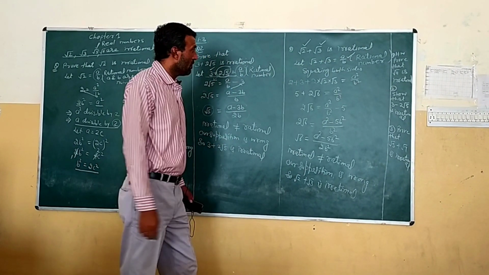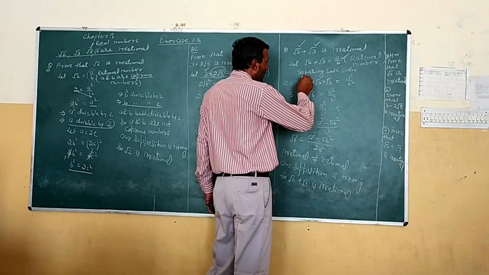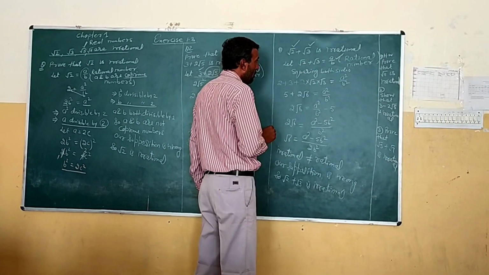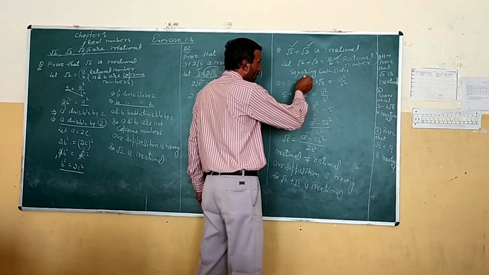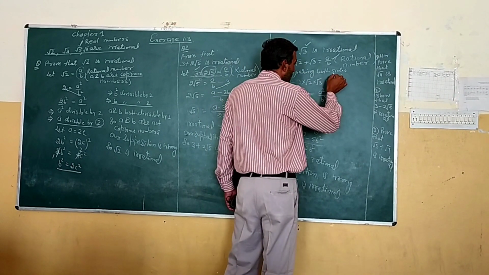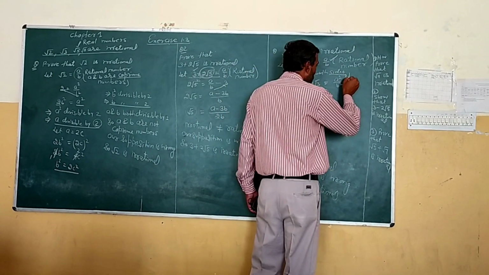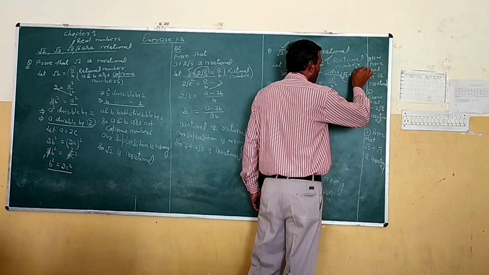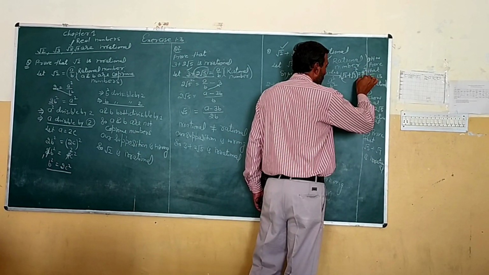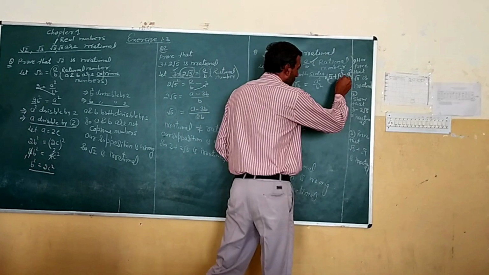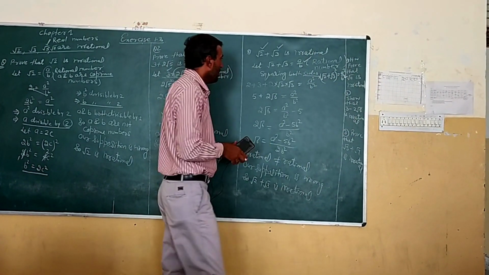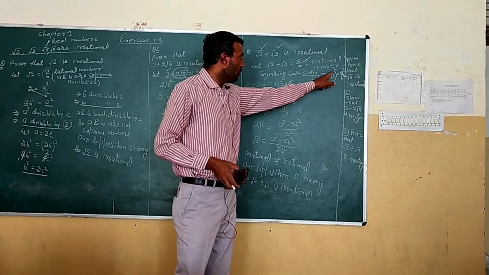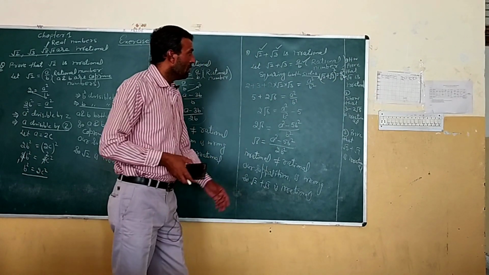When we square both sides, we can apply an identity. Squaring both sides means root 2 plus root 3 whole square is equal to a square by b square.